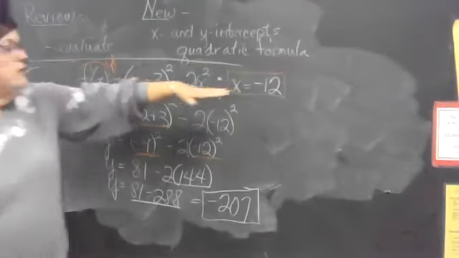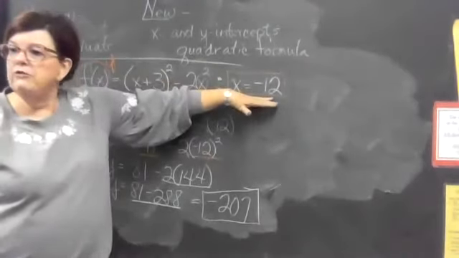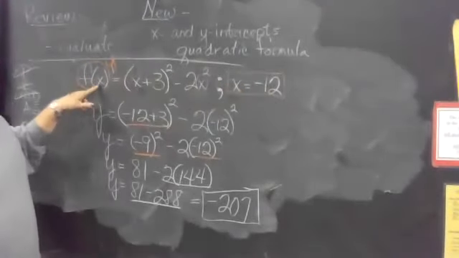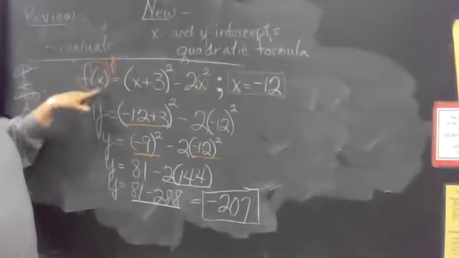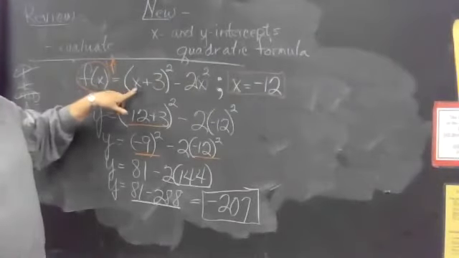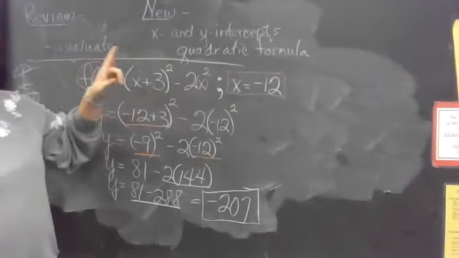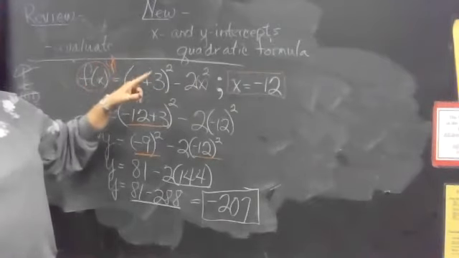So to evaluate this equation given this value, the only thing you have to do is plug that value in everywhere there's an X, not the one here, because that's just a title. Okay? Plug it in with parentheses. Very important.